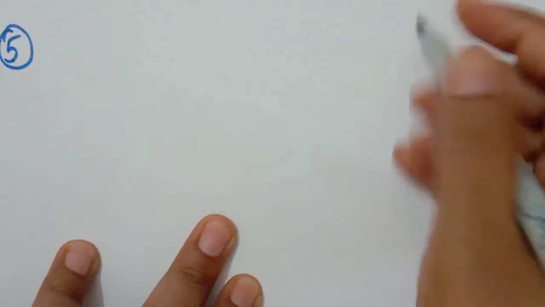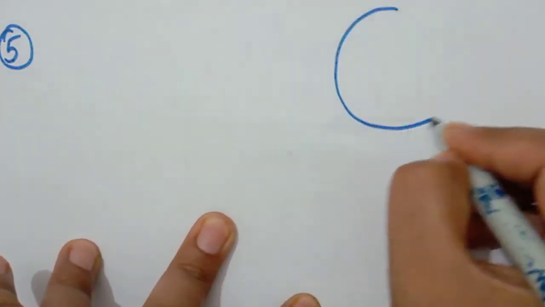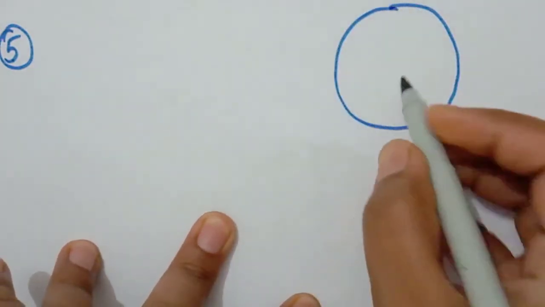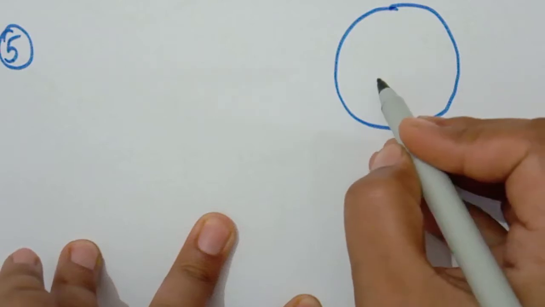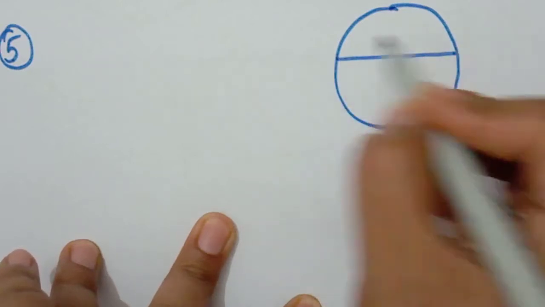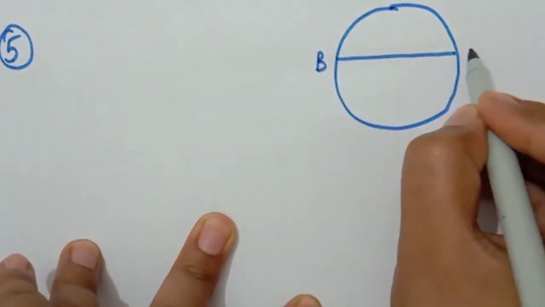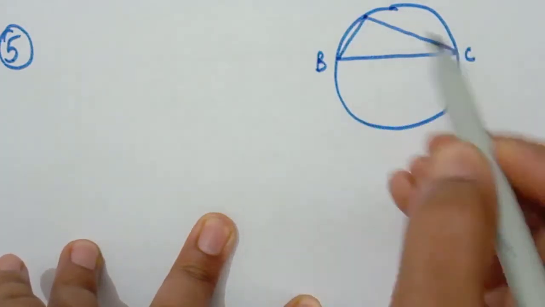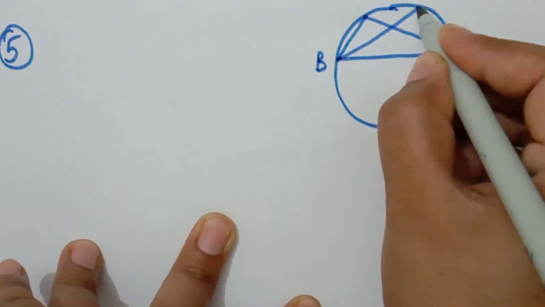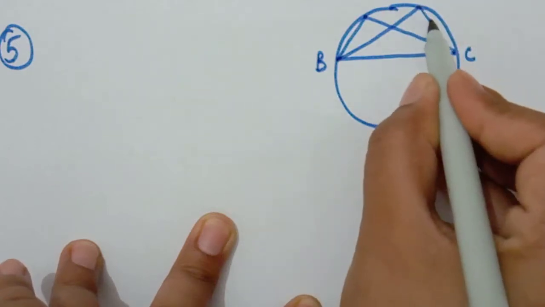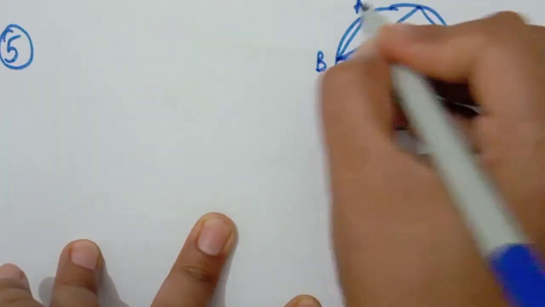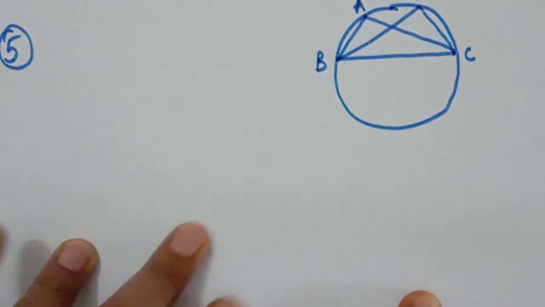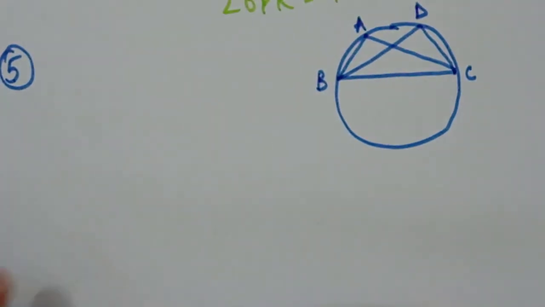Question 5. First of all, we have to draw a diagram of question 5. This is B, C, A, D. This is your diagram.